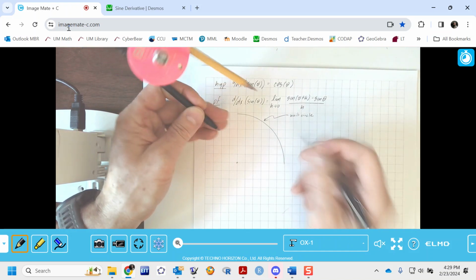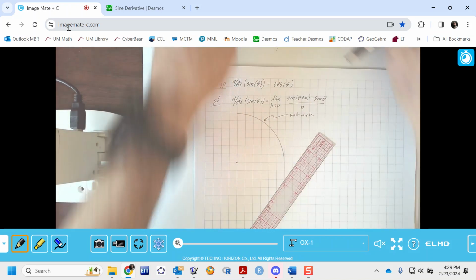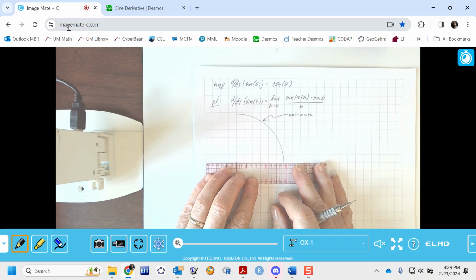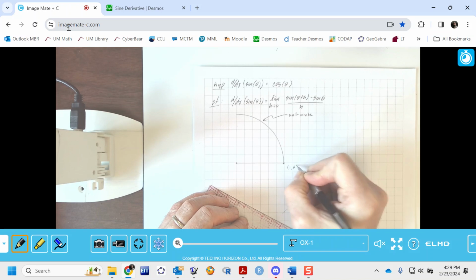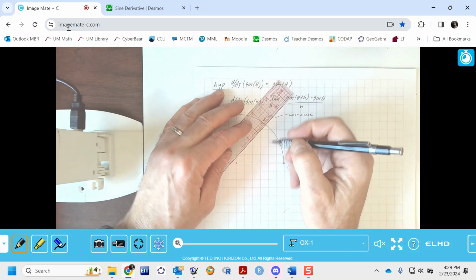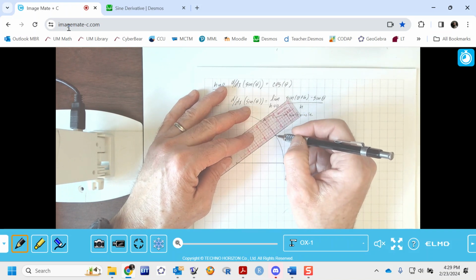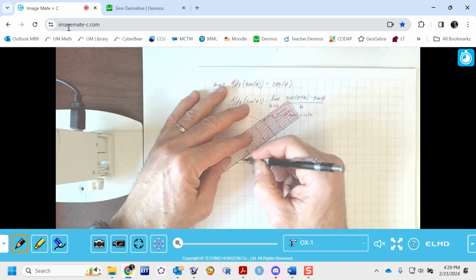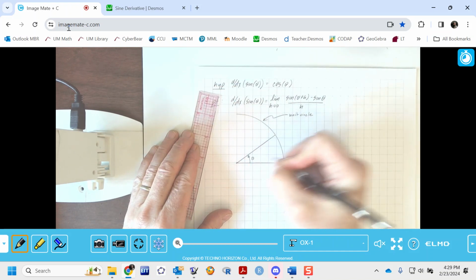So an arbitrary angle theta will start at this point. This is the point 1, 0 on the unit circle. Let's say we go up to some spot, I'll draw it right here. So that would be an arbitrary angle theta.